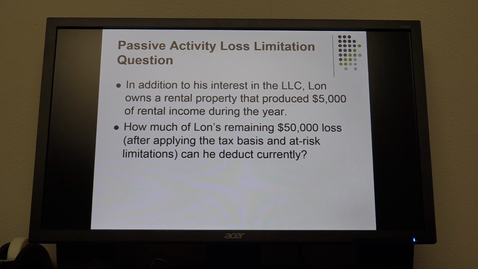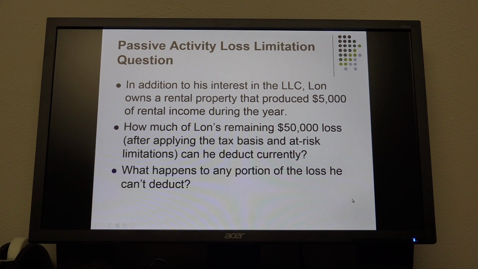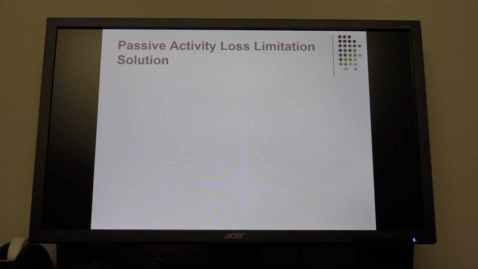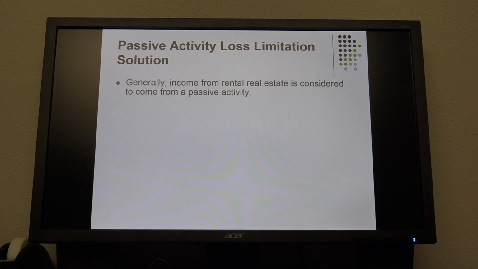Well, essentially what he can do is deduct the $5,000 from the excess $20,000. So he can use $5,000 of that. What happens to any portion of the loss he can't deduct? Well, the other 15 just gets carried over till somewhere down the line, hopefully, he gets more passive income.